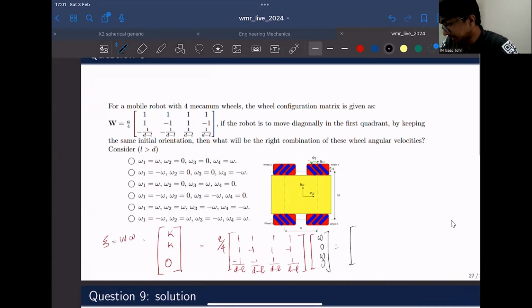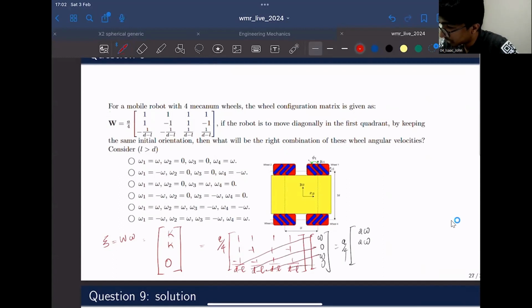So if you multiply this out, you will have an A by 4 outside. The first entry would be 2 omega, right? The second entry would be omega, 0, omega, 0. That will also be 2 omega. The third entry would be minus, 0, plus, 0.